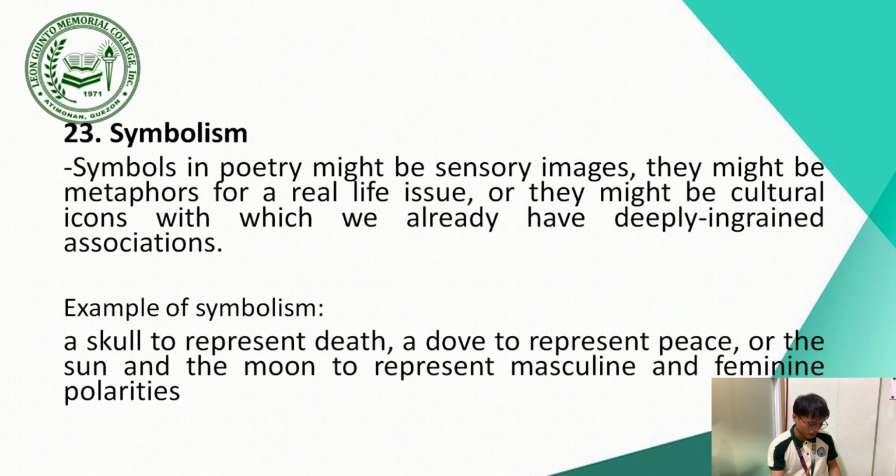So symbols in poetry might be sensory images, they might be metaphors for a real life issue, or they might be cultural icons with which we already have deeply ingrained associations. So examples of it are a skull to represent death, a dove to represent peace, or the sun and the moon to represent masculine and feminine polarities. So by tapping into this pre-existing cultural consciousness, the poet has an entirely new language with which to communicate.